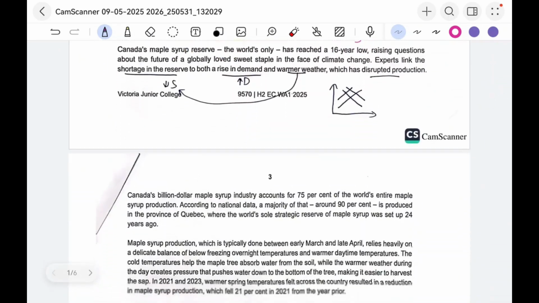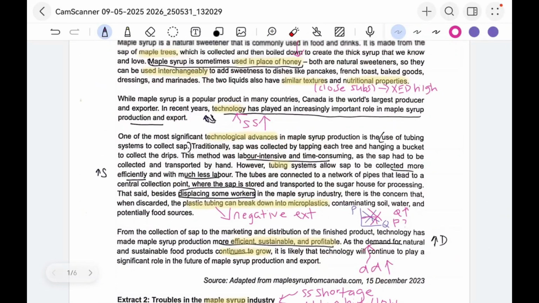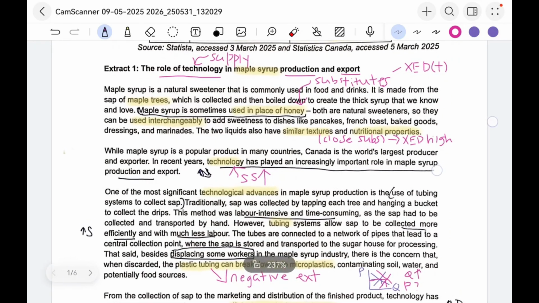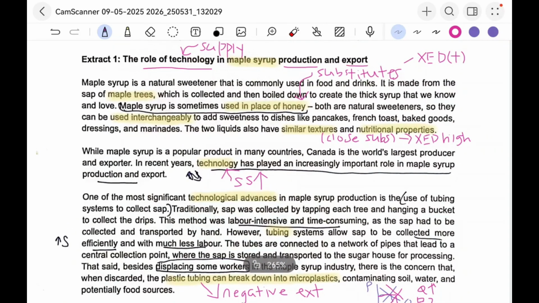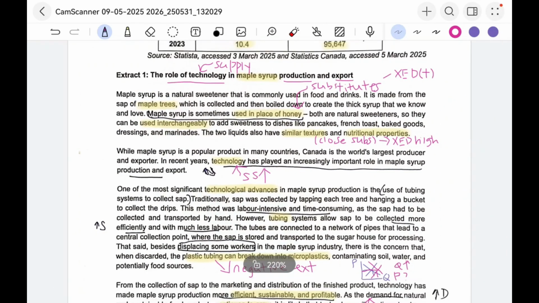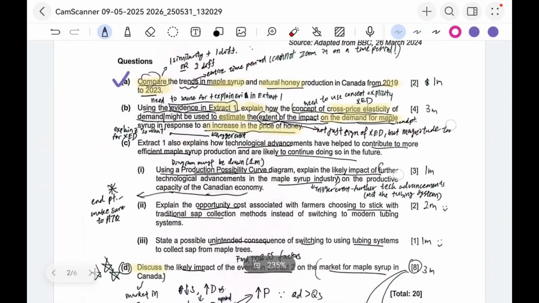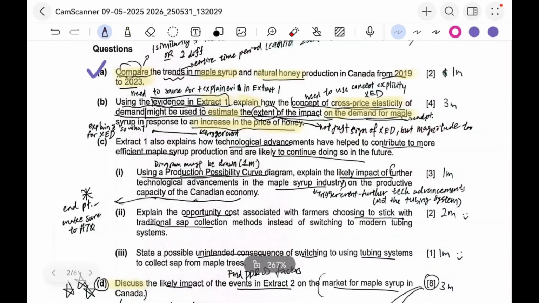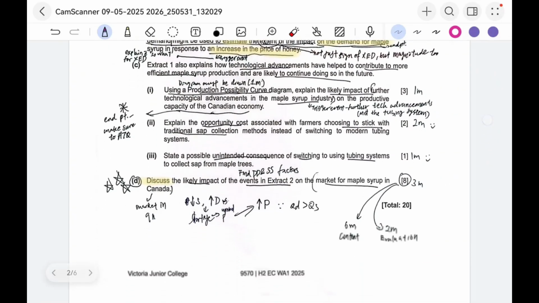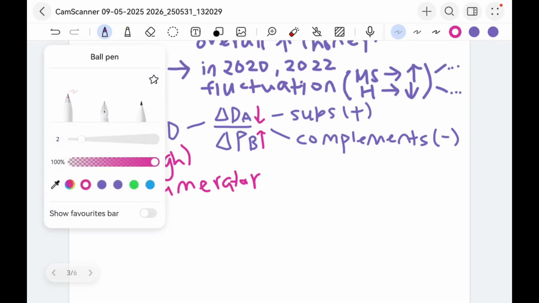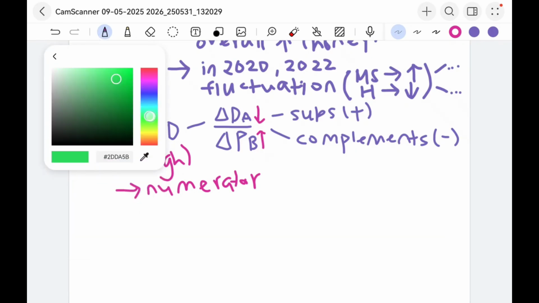Okay, then we can answer the XED question already, because the extract keeps talking about information that hints at both being strong substitutes. So how you can use XED to estimate the impact is based on the extract here. Okay, let me use a different color.